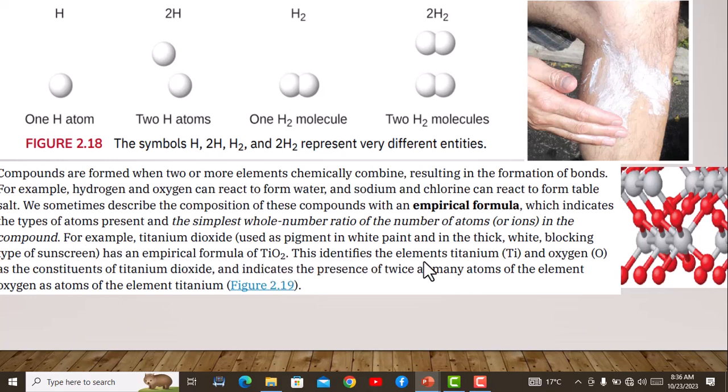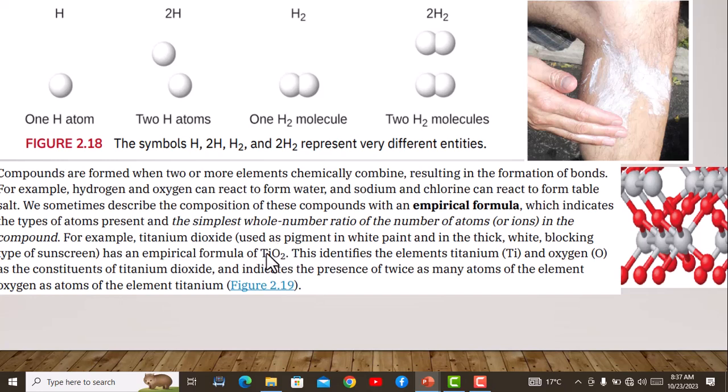This identifies the elements titanium and oxygen as the constituents of titanium dioxide and indicates the presence of twice as many atoms of the element oxygen as atoms of the element titanium. This is exactly what it means.